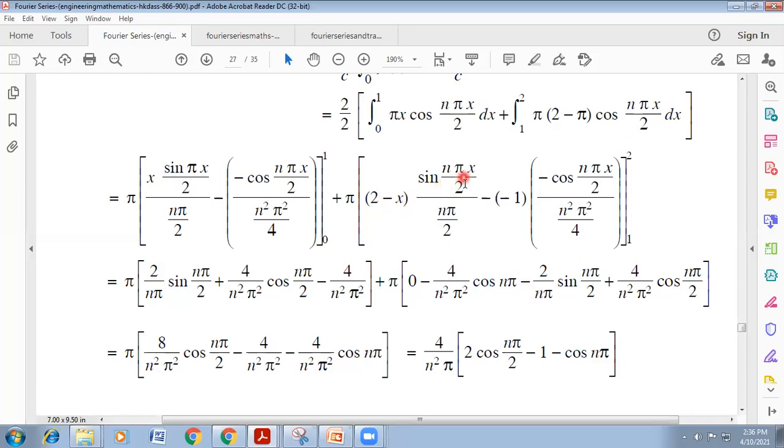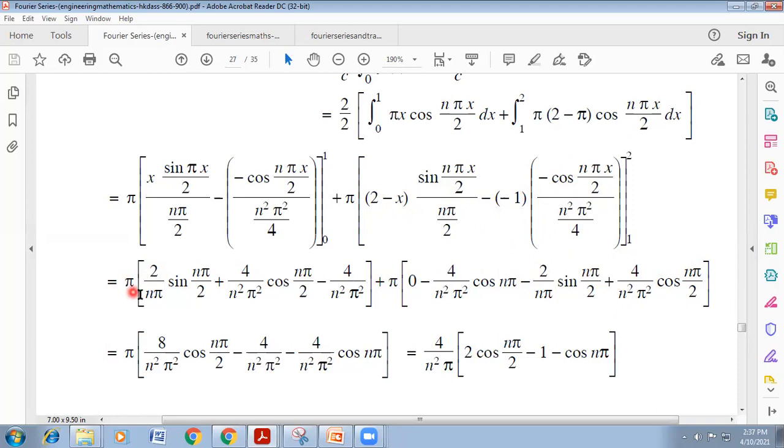So cos n pi by 2, sin n pi by 2 divided by this, and putting x equals 1 here, this will become n pi by 2 cos n pi by 2, and this inverse will be 4 by n squared pi squared. Minus minus plus, plus minus minus, and another minus will come from before putting the lower limits, so this will become plus.